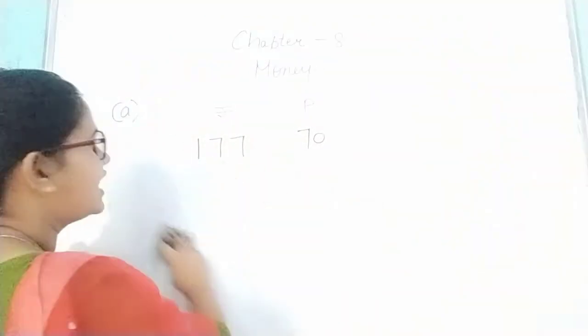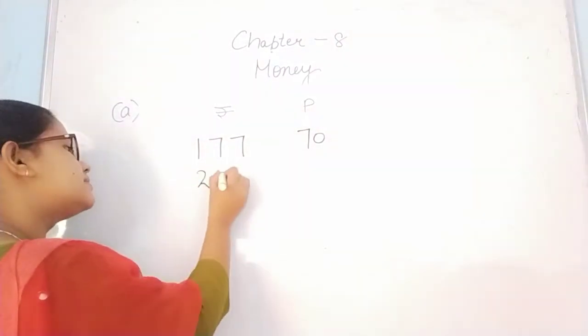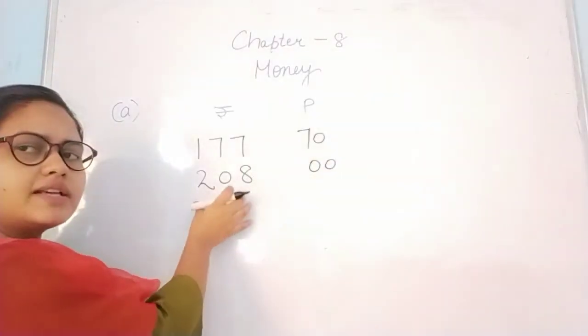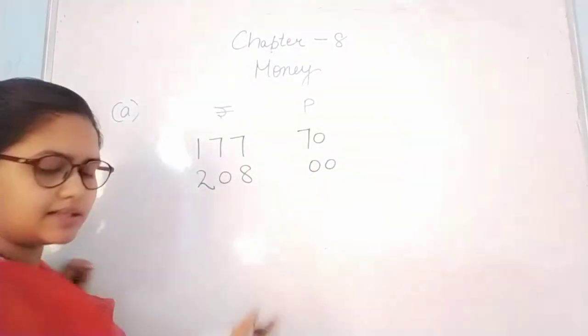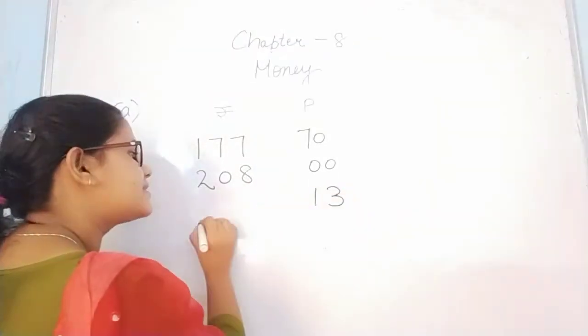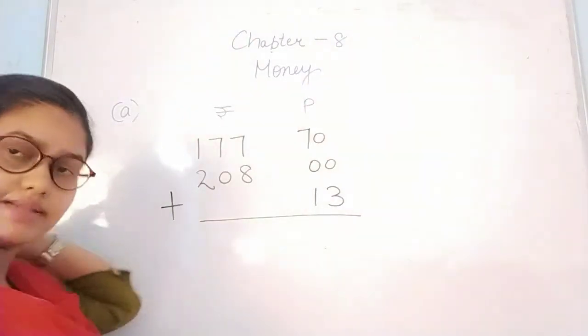As we have three amounts, in the second one we have 208 rupees and we don't need to write paise because this one is 208 rupees. And in the third one we have 13, so we take it as paise because it is written as paise. Okay, let's do this.